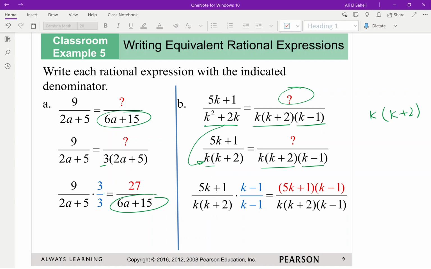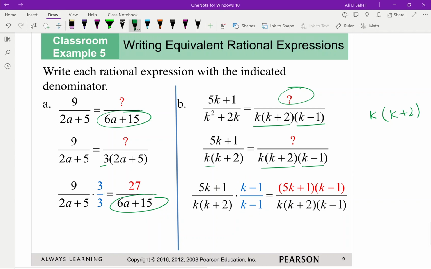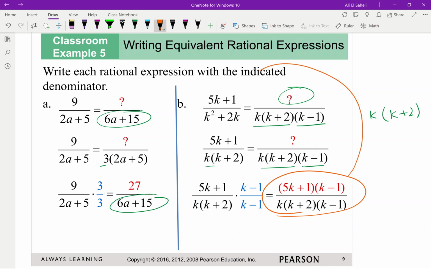So I multiply up and down by k minus 1. And notice that this is the same as this. So you're multiplying by 1. This is simply 1, but it is a special kind of 1. Multiplying these, you get this, and multiplying these, you get this. Now this is an equivalent rational expression, but it has the desired denominator.